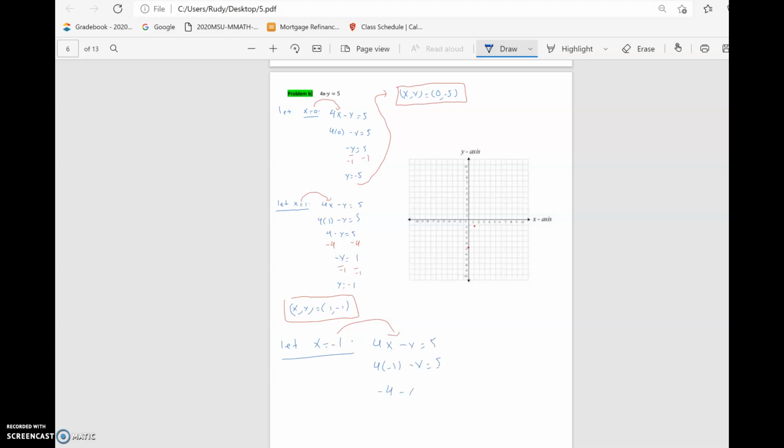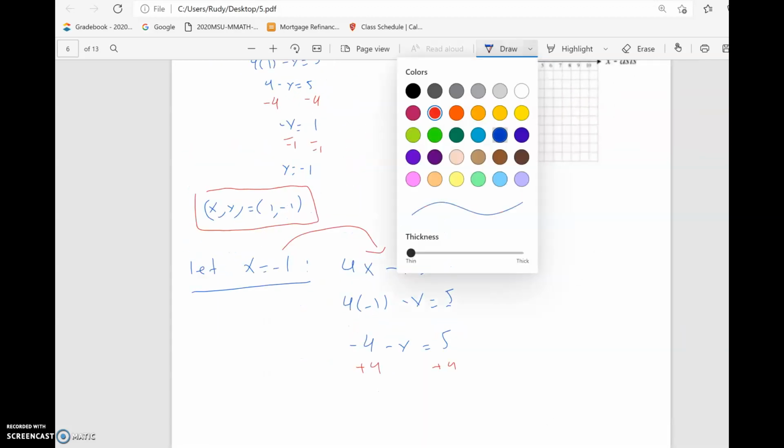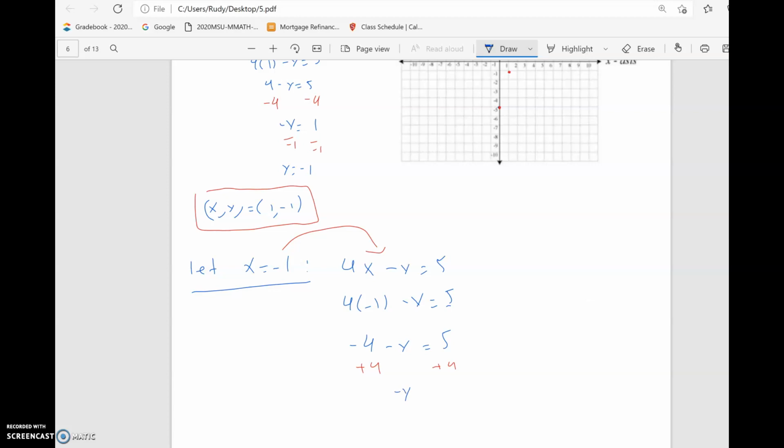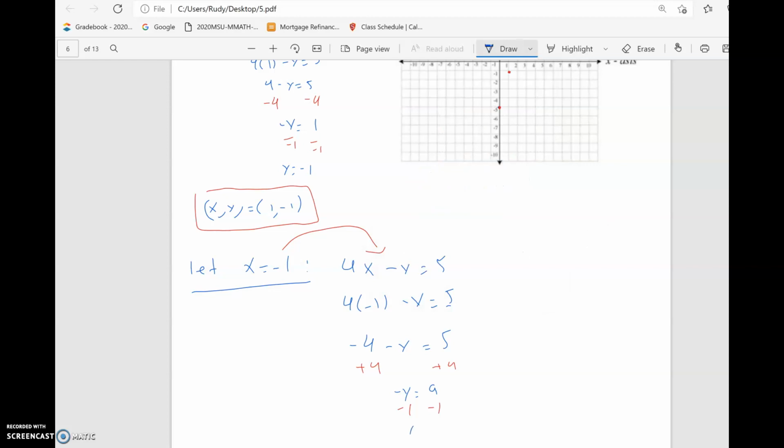So -4 minus y is equal to 5. And then we're going to be adding the 4, which will give us -y is equal to 9. And then we'll do a division by a -1, which will give us that y is equal to -9.